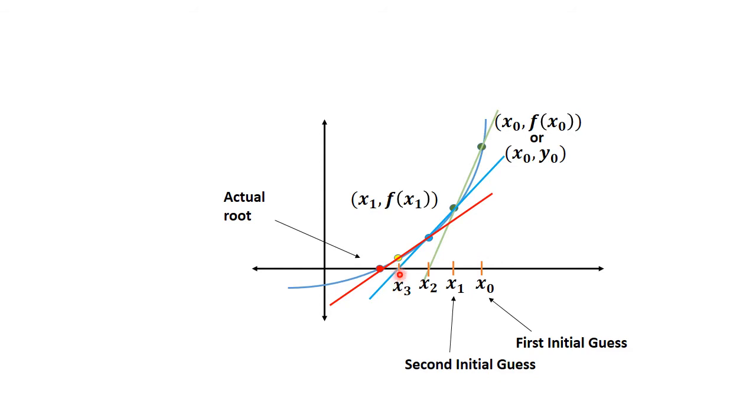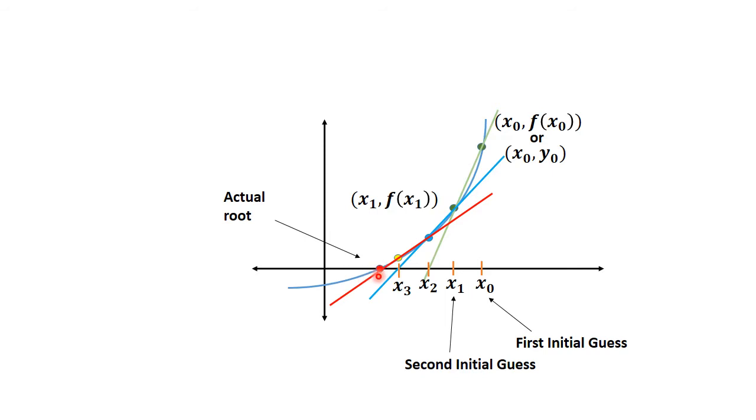And if you see corresponding to this curve, this is the point. So this yellow color point is the new point. This is the x3 point. So students, now just take the previous point and this point and join these 2 points. If you join these 2 points, you see that this secant line cuts the x-axis very close to the actual root.